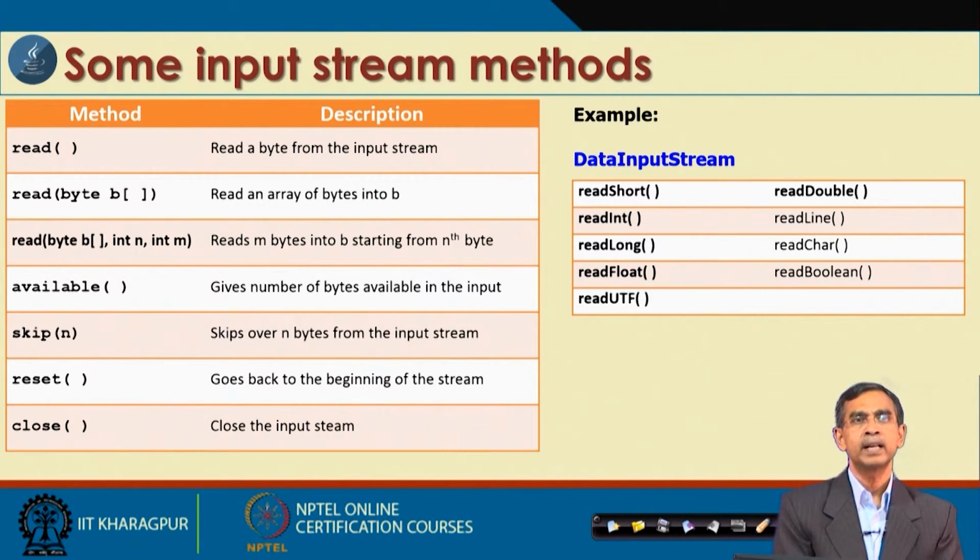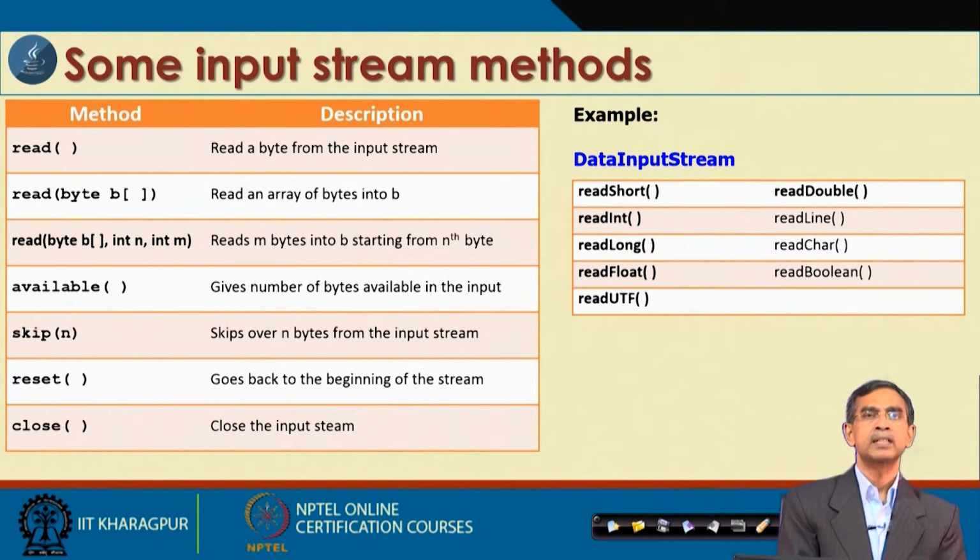Now, this is an overridden method, read byte B, that means read an array of bytes into B. So, it will read and store into a temporary location that is there in the program, and read also has another overridden method like byte B, int n, int m. So, it is basically reading m bytes starting from n and putting them into the array B.